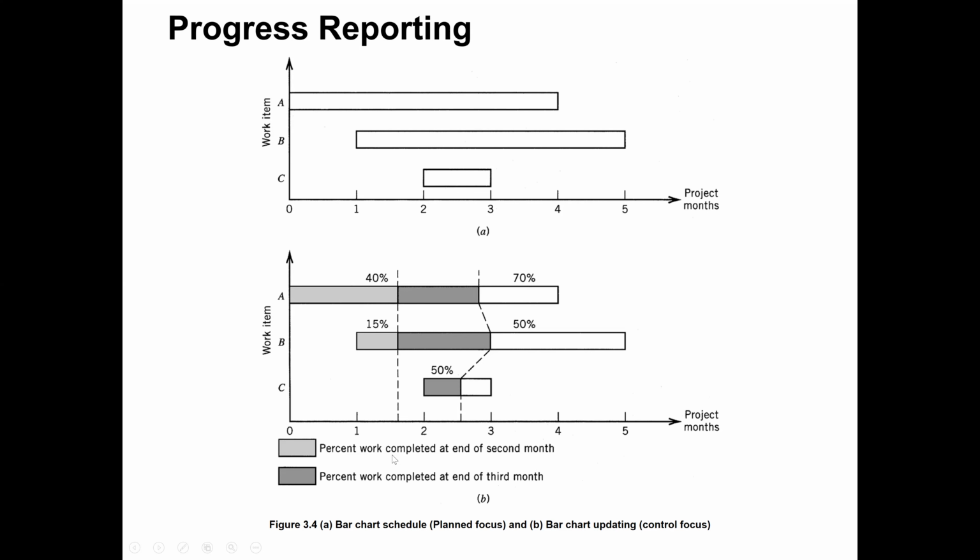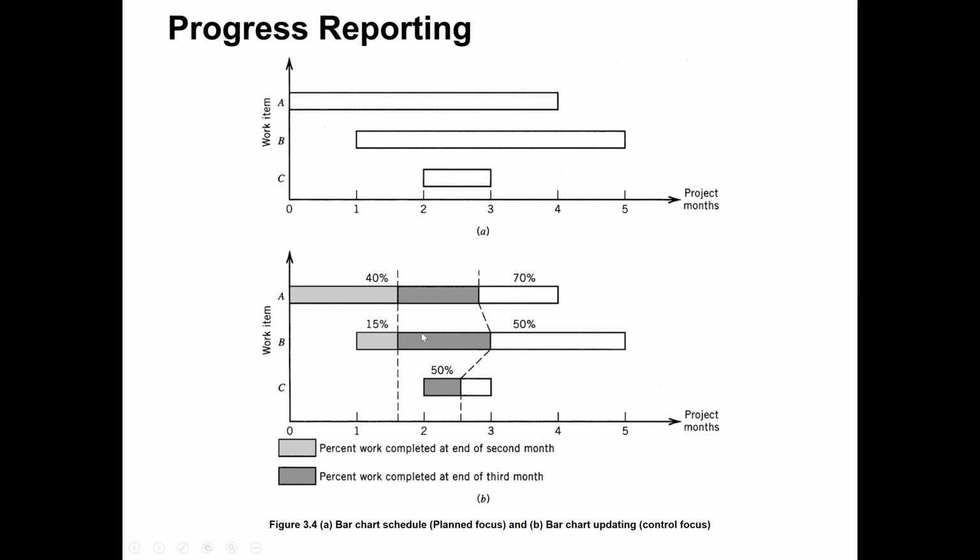Now we come to the second figure, B, which shows all three activities, A, B, and C, with the percent work completed at the end of the 2nd month. Suppose we are at the end of month 2.